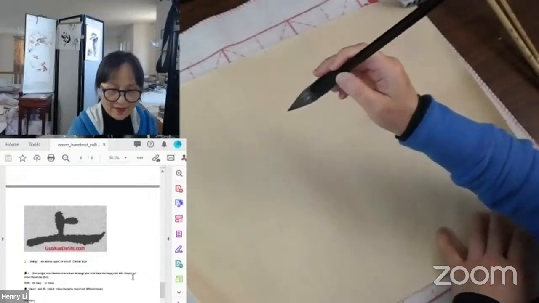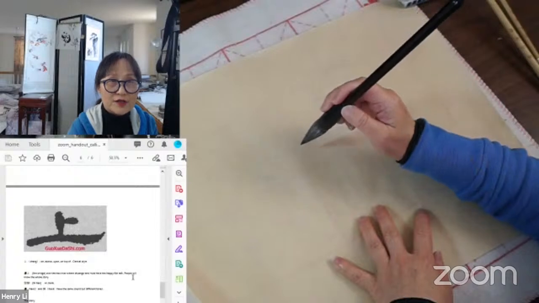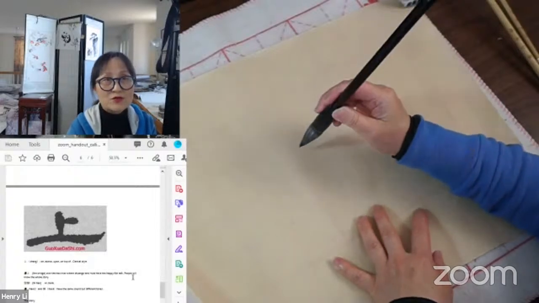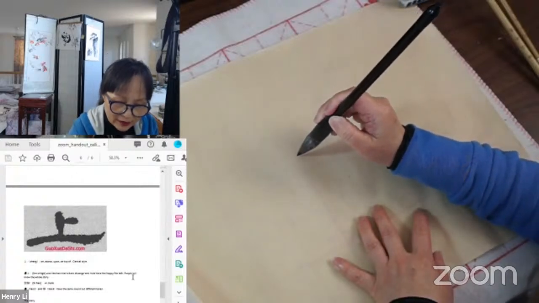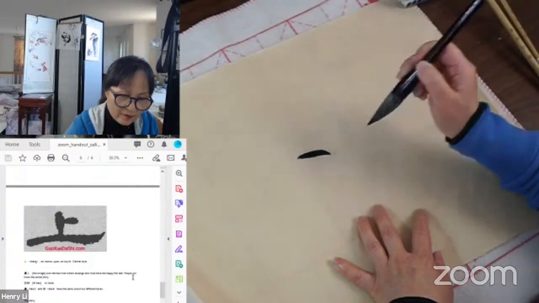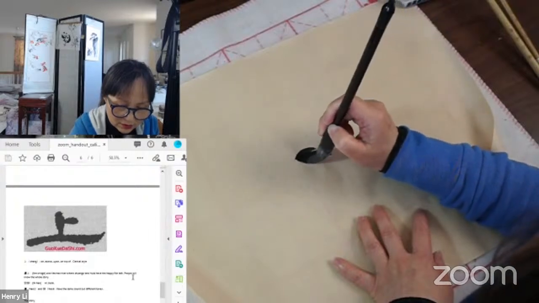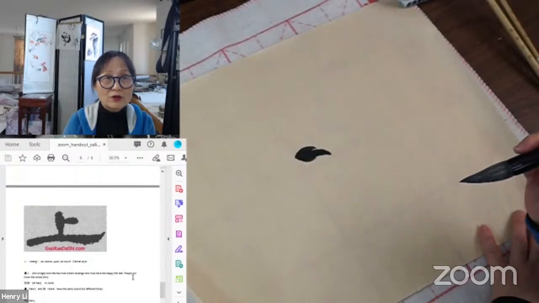Okay, and then you do the fish head first. There are many ways. This is just the one way we do today. A very simple xieyi way. Do kind of an arrow. Do the arrow.